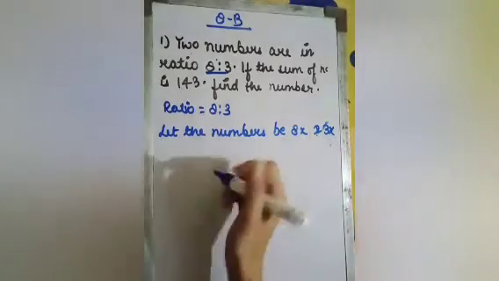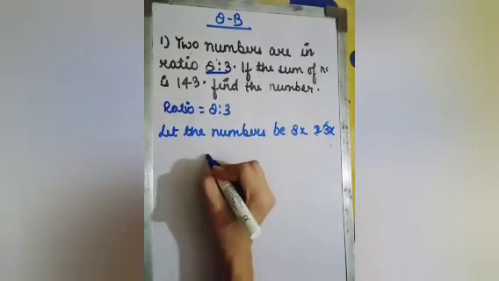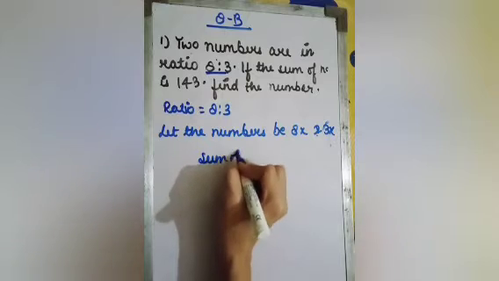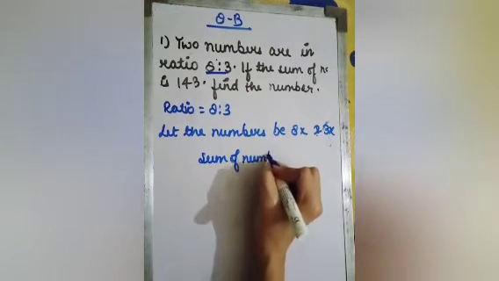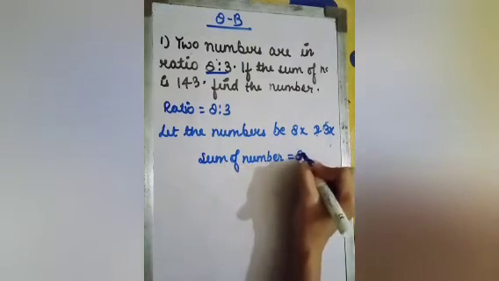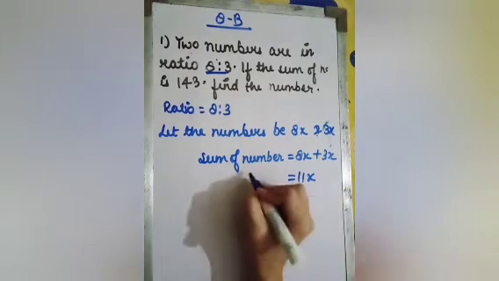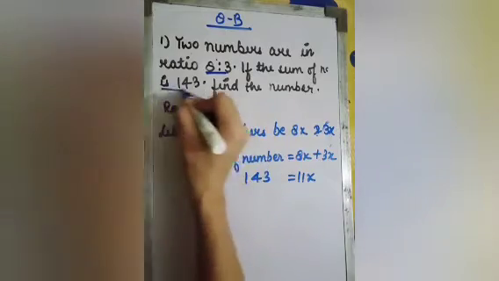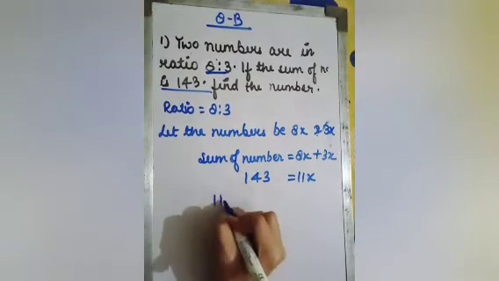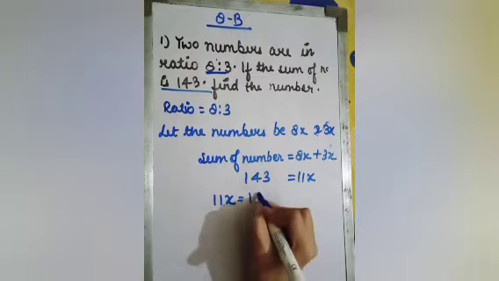Now the sum is given, so the sum of the numbers, which are 8x and 3x, should be 11x, but it is given 143, right? Now the equation is 11x equals 143.